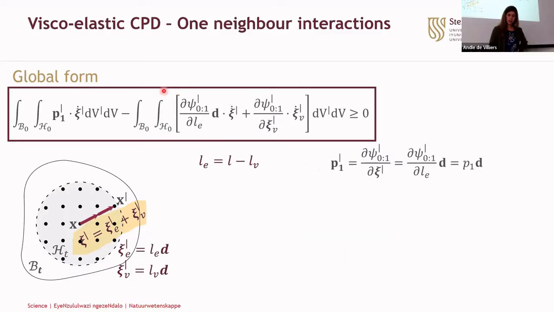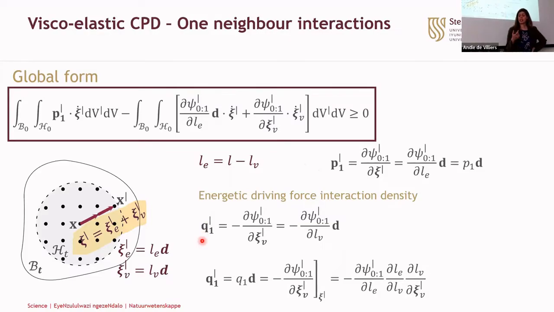So that was this first term. Well, it's this part of the inequality. If we look at the constraint part, or the viscous part, that's associated with the internal variables, we introduce something called the energetic driving force. It's also a density, and it looks very similar to the constitutive equation, but it's now in terms of my viscous change or length.